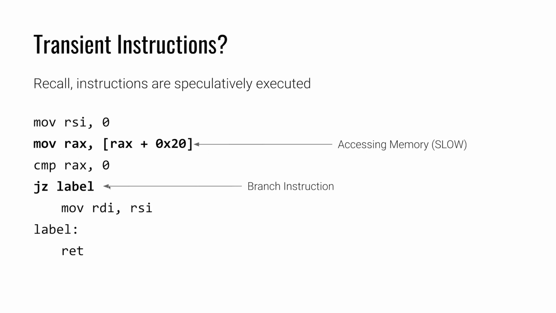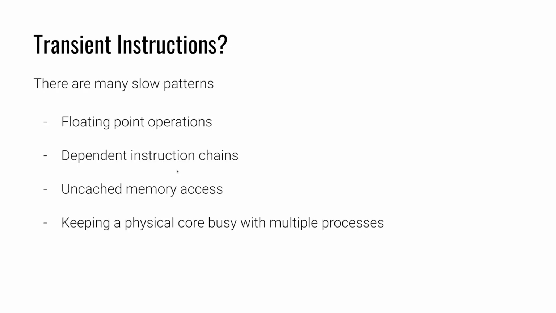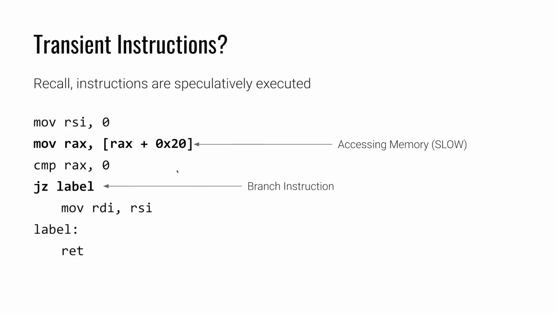These instructions must be executed in order to concretely perform the operation. We could speculatively jump, we could speculatively guess what RAX is, but to concretely perform these operations, they have to be performed in order. Now, there is another dependent instruction chain in this example.